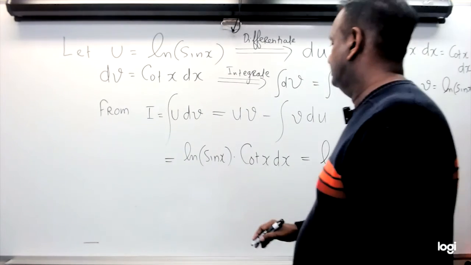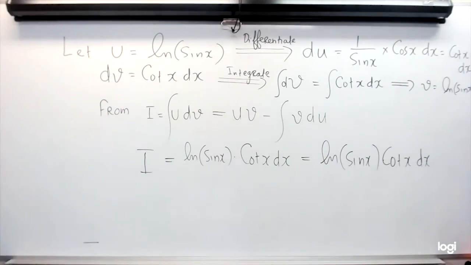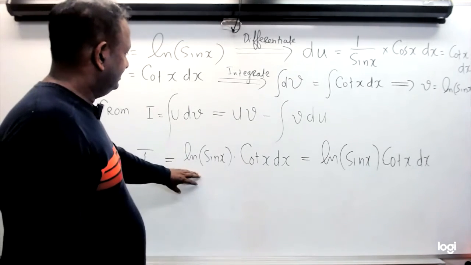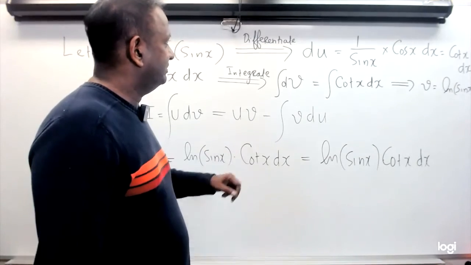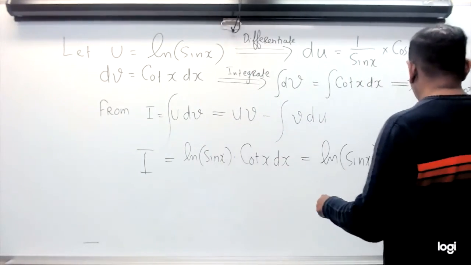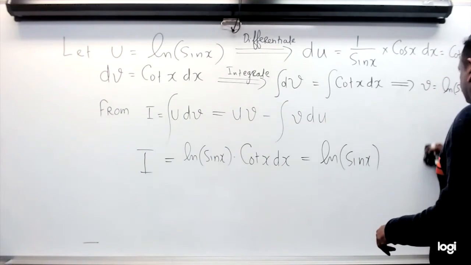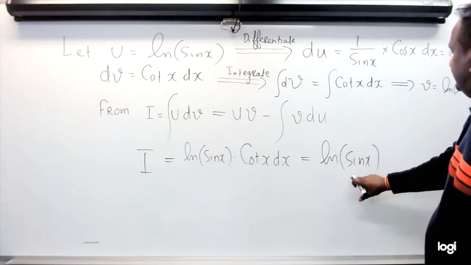I'm trying to show you something, okay? So I plug in here, this one, I plug in for this one, okay? Then you get this one. Then I have a u, sorry, v here. There's a mistake over here. We have a u, which is ln sine x.